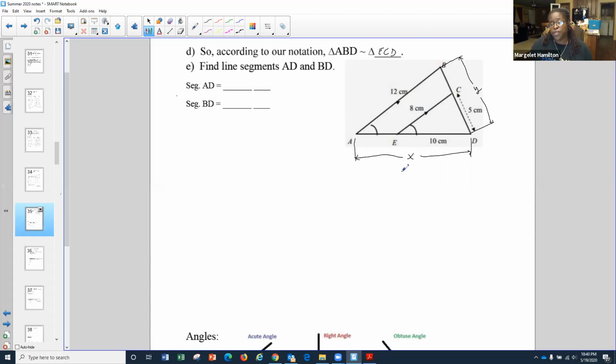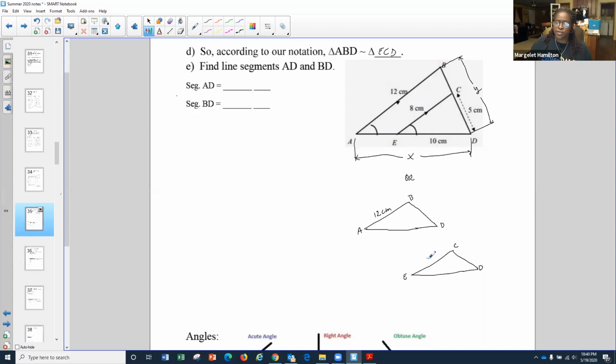So if you're going to separate the picture, you'll have your first triangle, and then your second triangle. And then label. So we have A, B, D, and then we have E, C, D. AB is 12 centimeters.